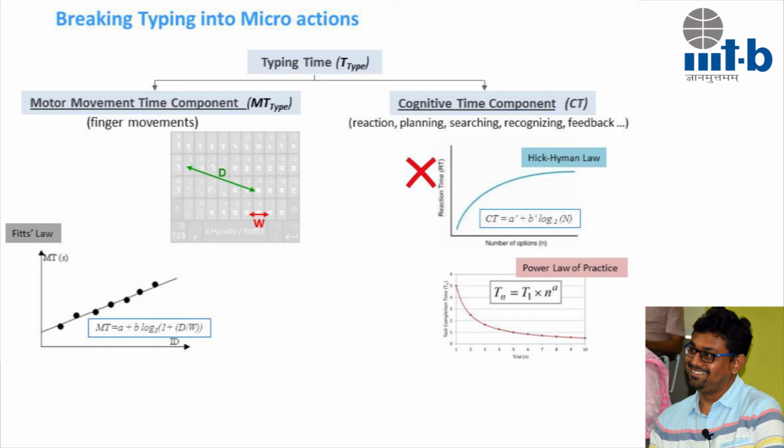There are multiple intrinsic experiences one would derive as a user. Whether somebody is interested in typing fast, typing accurately, or learning fast. So there could be multiple things based on which a user would take a calculated decision.